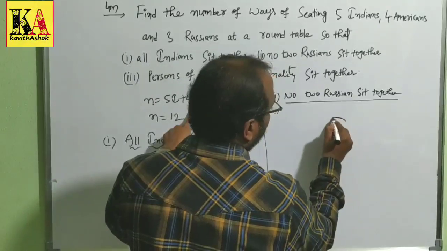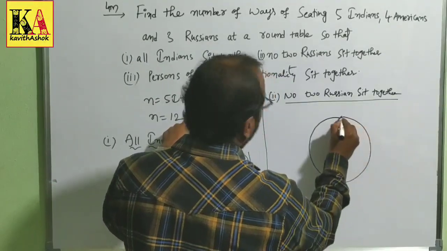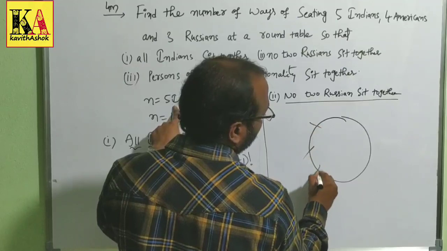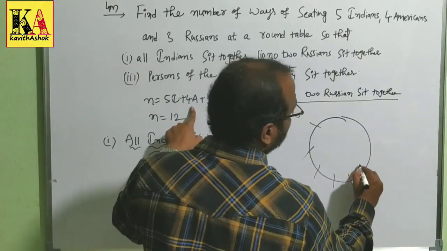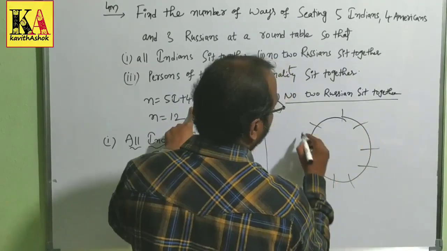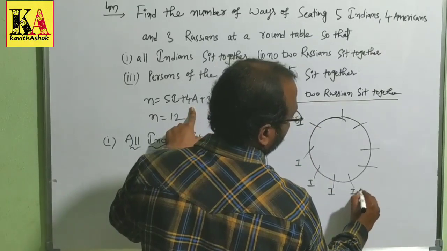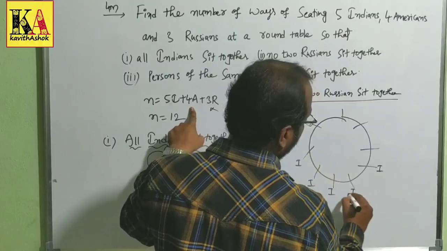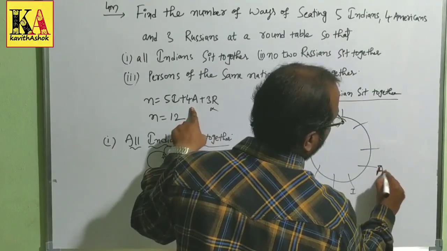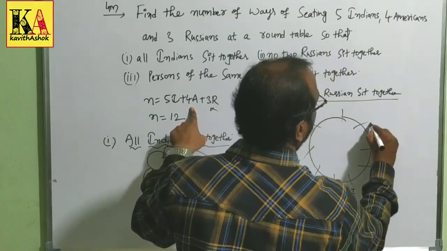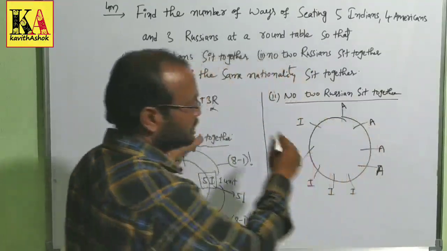Right. First take the circular permutation. 5 Indians are there. 1, 2, 3, 4, 5. 4 Americans are there. 1, 2, 3, 4. Yes.